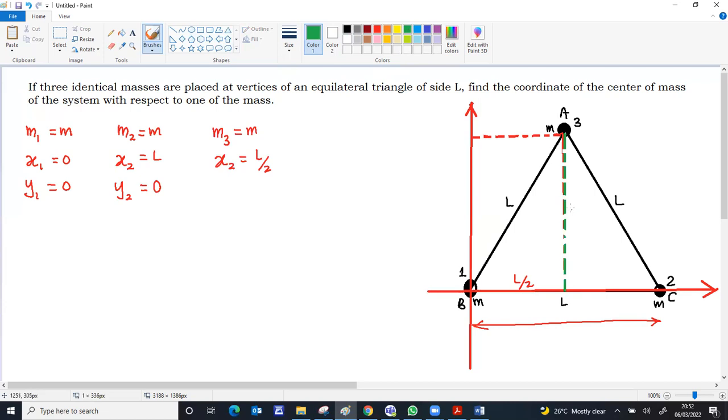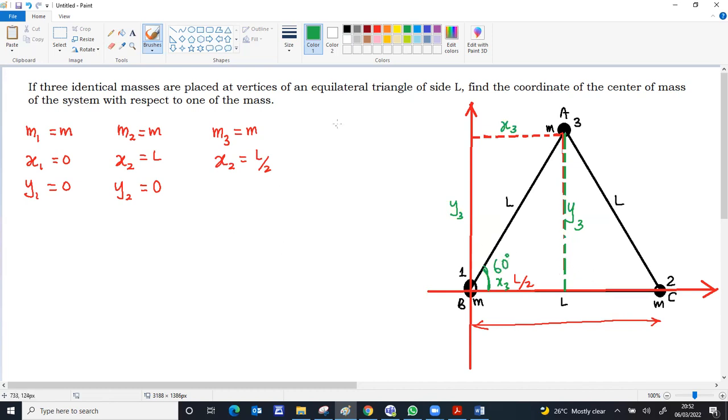We mark this as y3. This is x3. Opposite sides are the same. You can find it either by using Pythagoras theorem or by using trigonometry. This angle is 60 degrees because it's an equilateral triangle.